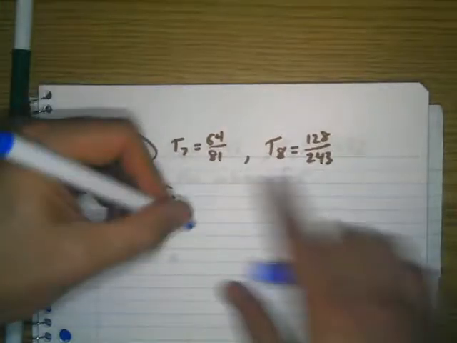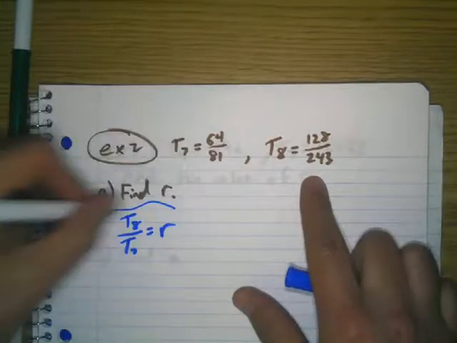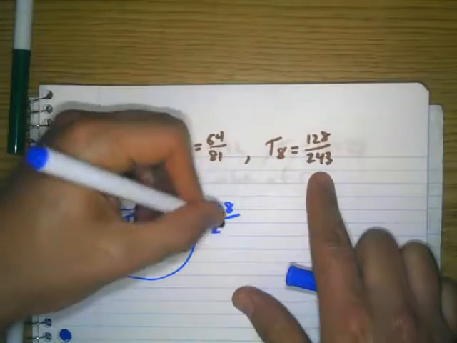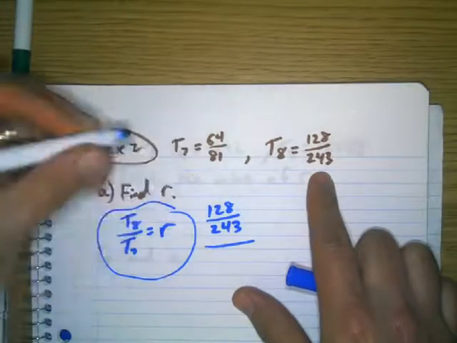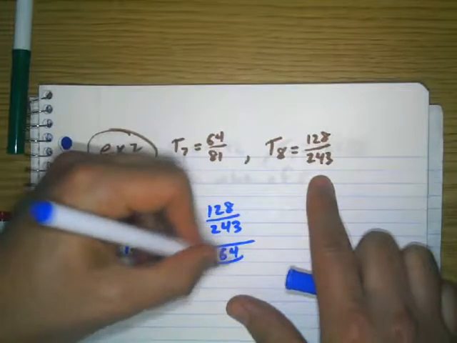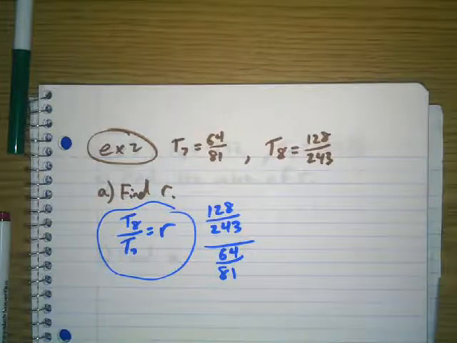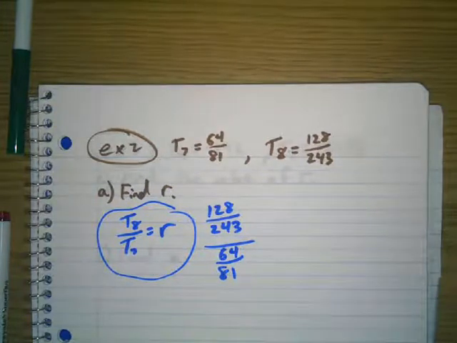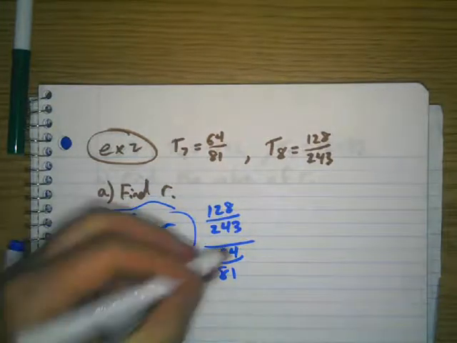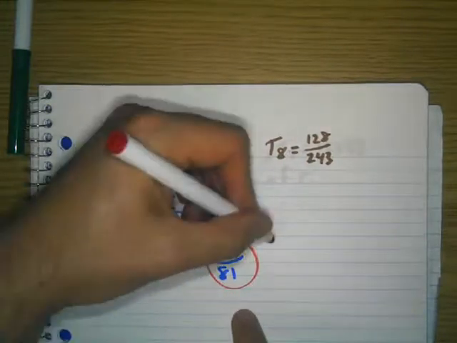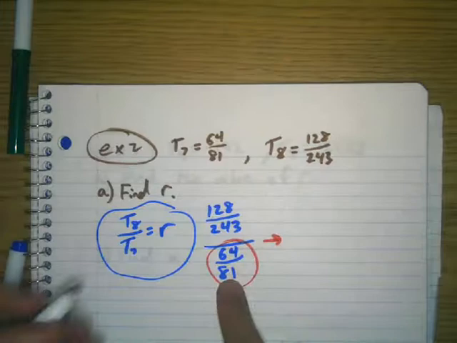So knowing this, if I've got 128 over 243 divided by 64 over 81, some of you are thinking, oh my gosh, how do I do that? Well, I could rewrite this as a multiplication of the reciprocal of this, right?